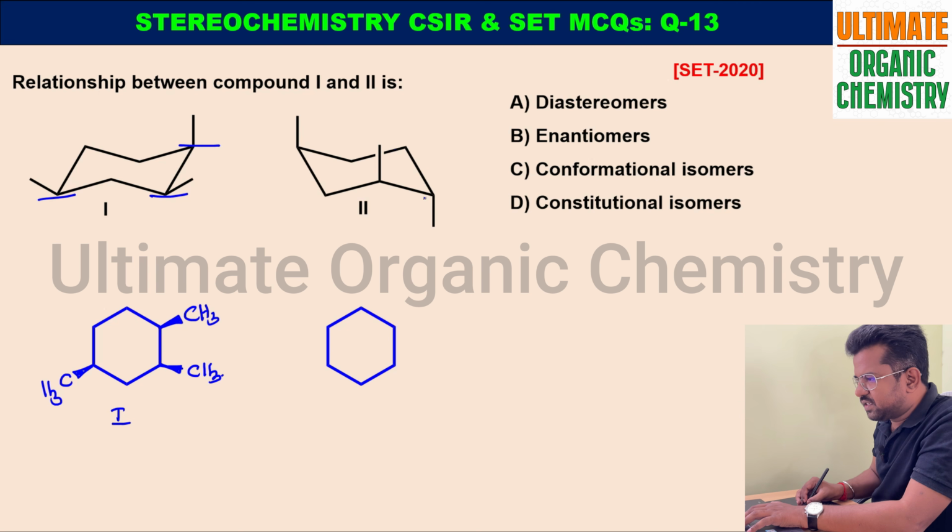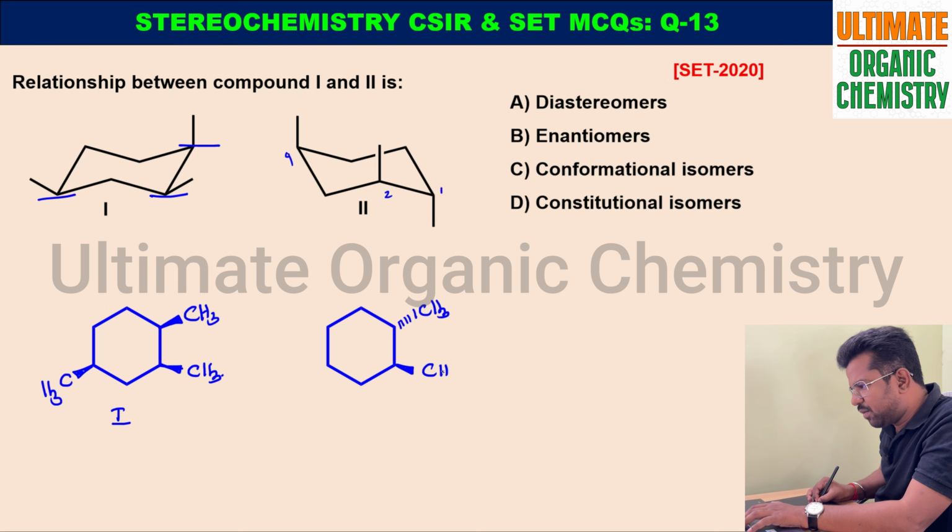Let me draw the structure of this compound also. So this methyl group is present. This is first one, this is second one, this is fourth one. So this is present below the plane, and this methyl group is present above the plane, and this is also present above the plane.